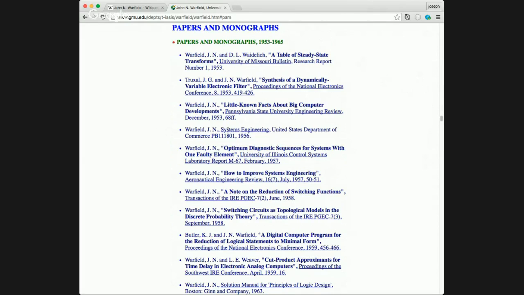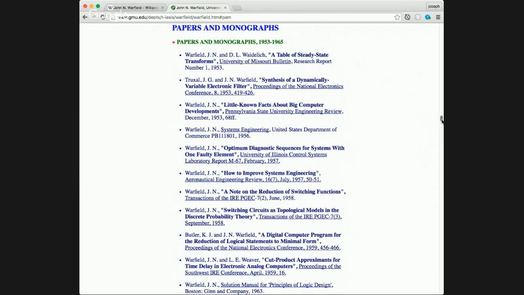An interesting one here is a United States Department of Commerce publication on systems engineering. And then the optimum diagnostic sequence for systems with one faulty element, or how do you detect faults. And then how to improve systems engineering. A note on the reduction of switching functions.